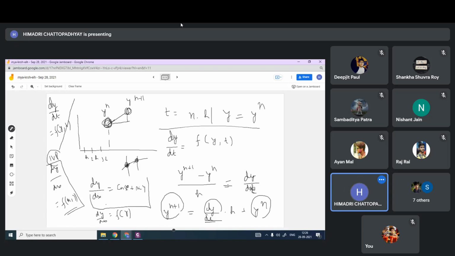I can say this slope I will not evaluate at this point; I will evaluate it at the next point. Then this becomes unknown, because you really don't know the value of y here. So this becomes also unknown. Then it becomes what is called an implicit scheme, which means it is more complex.